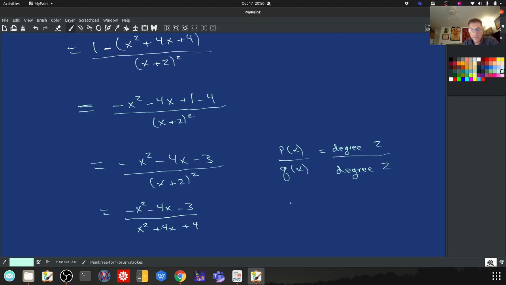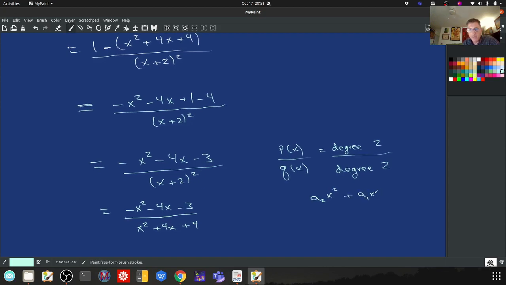So remember, the numerator is a2 x squared plus a1 x plus a0, those are the coefficients.